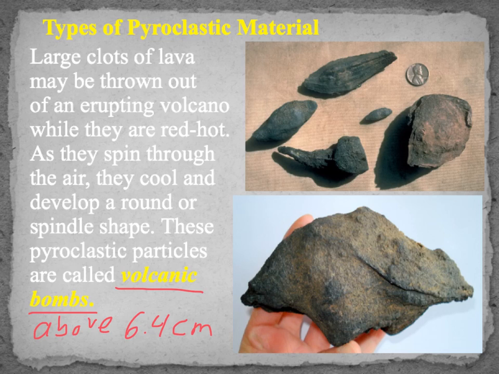And they get thrown out. A lot of times it's lava to start with. It's liquid thrown out, a big clot of lava getting thrown out of the volcano, and then it cools in the air to develop a round or spindle or football shape, like you see in many of these.